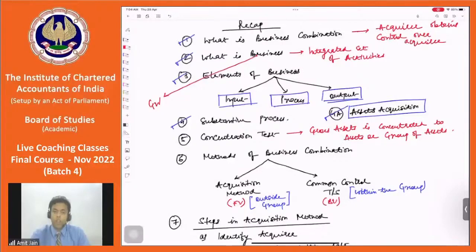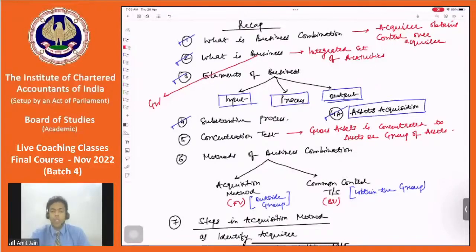In business combination, we recognize goodwill. In business combination, we recognize all assets and liabilities acquired at their fair value. In asset acquisition, we are not required to recognize all the liabilities. It's only an asset, and we capitalize only an asset. What about deferred tax? We recognize deferred tax in business combination. We don't recognize deferred tax in case of asset acquisition.